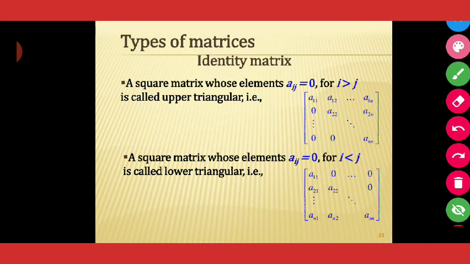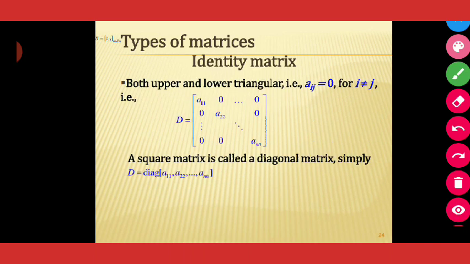Similarly, if the elements above the principal diagonal are 0 and below the diagonal are non-zero, then the matrix is known as the lower triangular matrix.